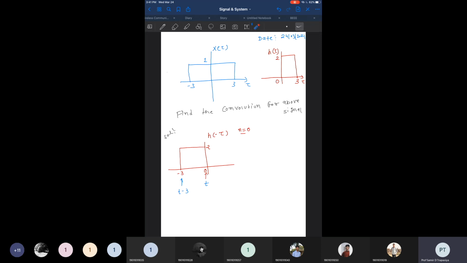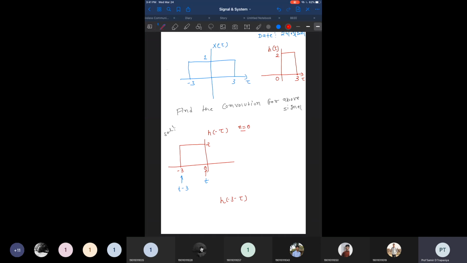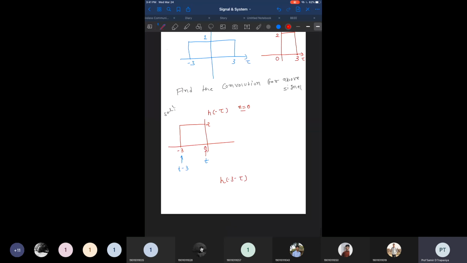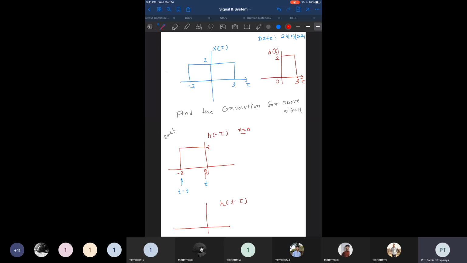First, that's why we will produce h of -3 minus tau. H of -3 minus tau means this signal is shifted so that its first end is at -3. Sorry, it's my mistake.